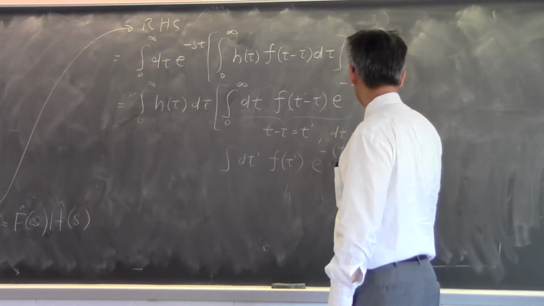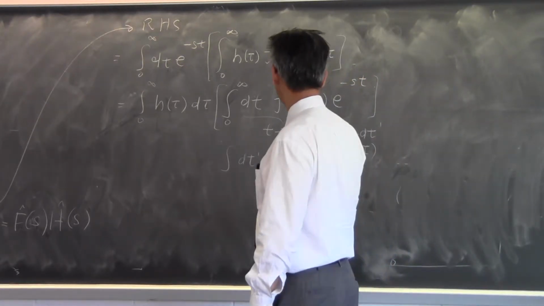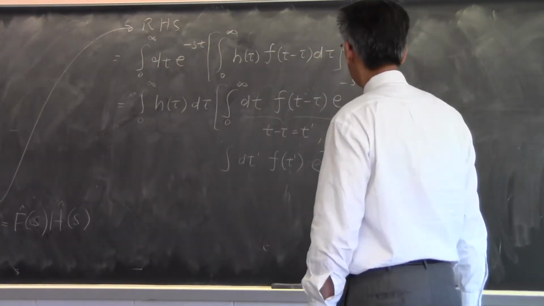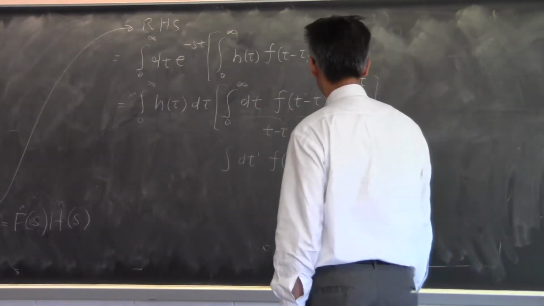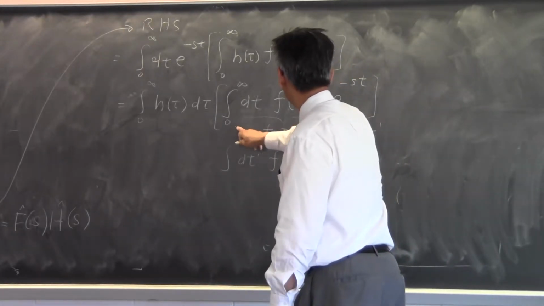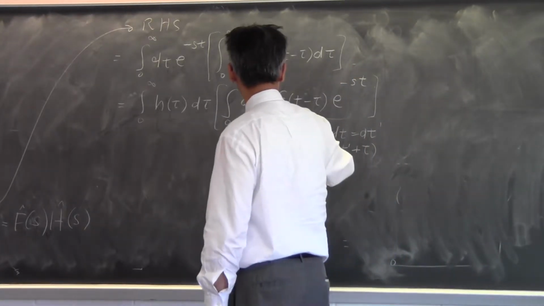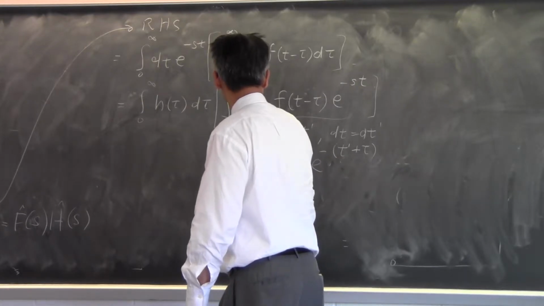Plus tau, very good. Okay, and then what does the range of integration go to? The range of integration was previously from t equal to 0; when t is equal to 0, t prime is equal to minus tau.